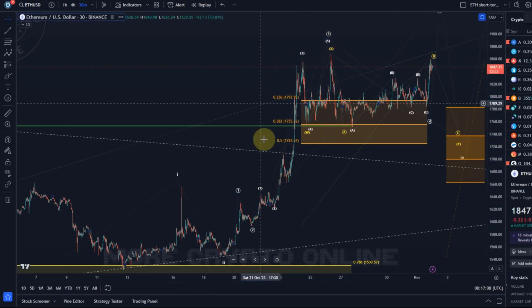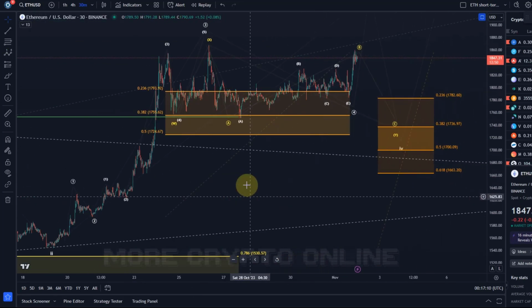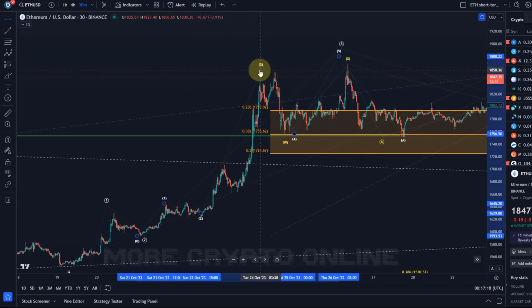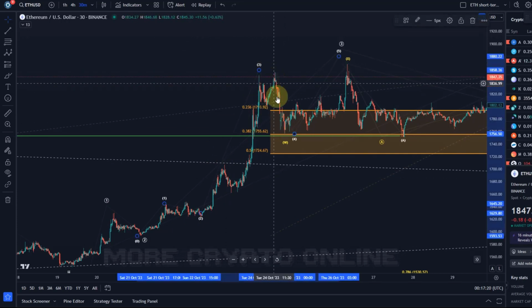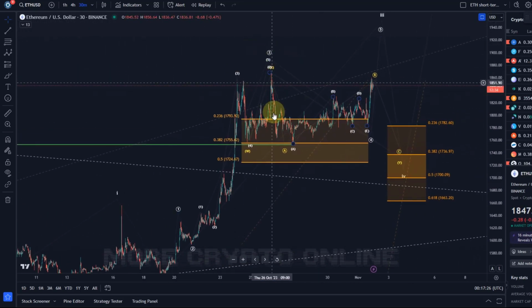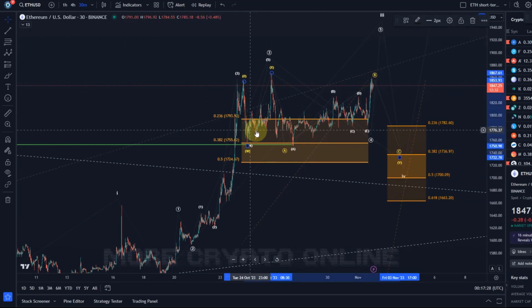That would work quite nicely. Can you see? And then the subwave count here of wave 3 was a 1, 2, 3, 4, 5. Or actually even here. And then A, B, C to the downside. This should be okay. Then we put the 3 here.